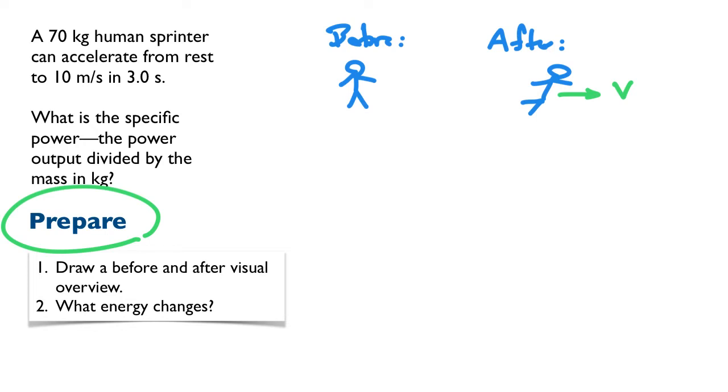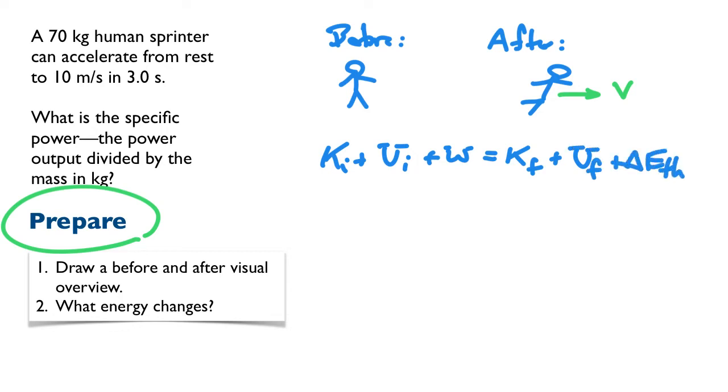And then the question asks what energy changes. And this is a form of energy we haven't talked about. But if we look at our basic relationship, which was the initial kinetic energy plus the initial potential energy plus the work, is equal to the final kinetic energy plus the final potential energy plus the change in thermal energy.